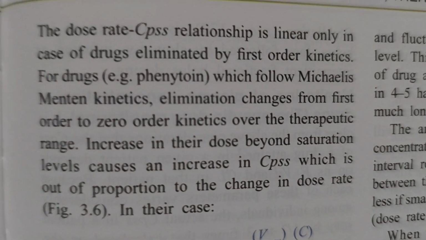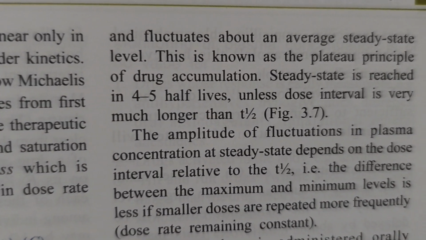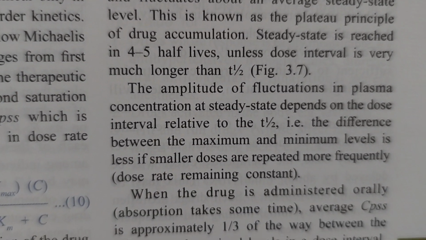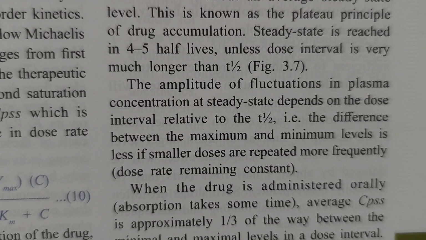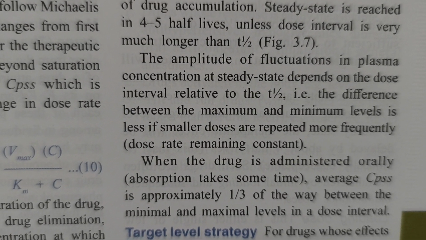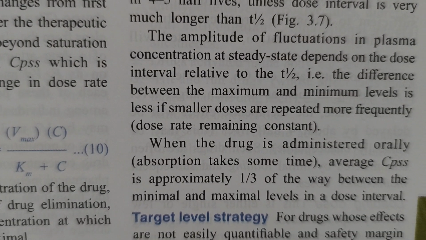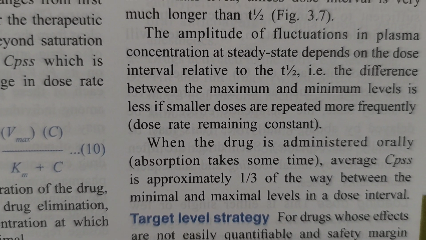Subsequently, plasma concentration plateaus and fluctuates about an average steady state level. This is known as the plateau principle of drug accumulation. Steady state is reached in 4 to 5 half-lives unless the dose interval is very much longer than T-half.